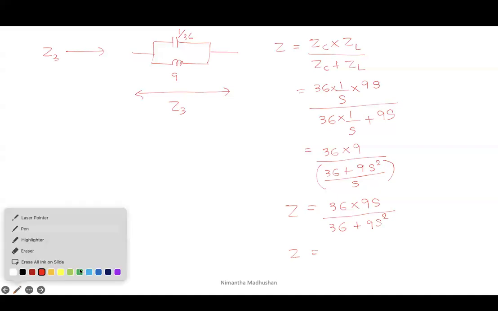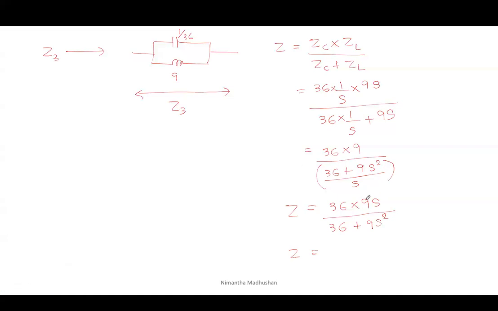Now 9 will cancel out. We can write 36S over S squared plus 4. We can get the same answer for Z3.